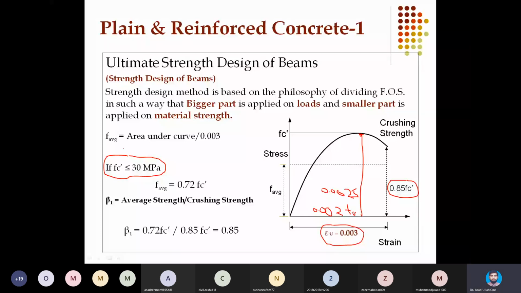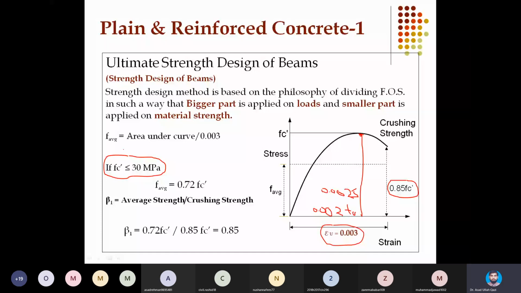So you need to have the strength above 17.5, and preferably in Pakistan we use 20 megapascal strength in normal public sector projects, minimum required.